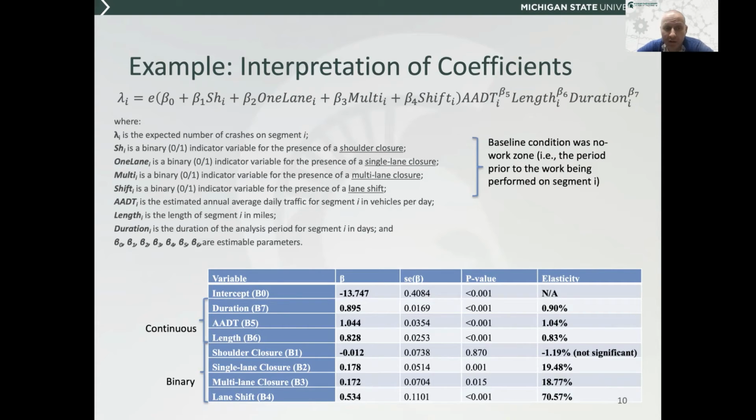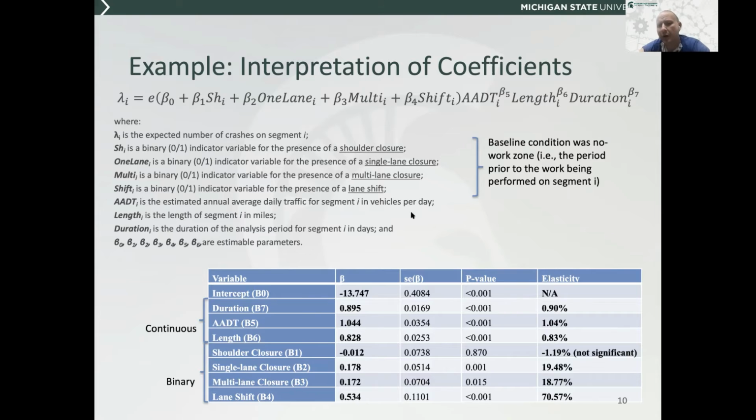And so in this model, we've compared those conditions and the periods during which those work zones were in place to the same segments 1 year prior. So we're basically taking the difference in the number of crashes under normal non-work zone conditions versus when any of these work zone scenarios were in place, okay?